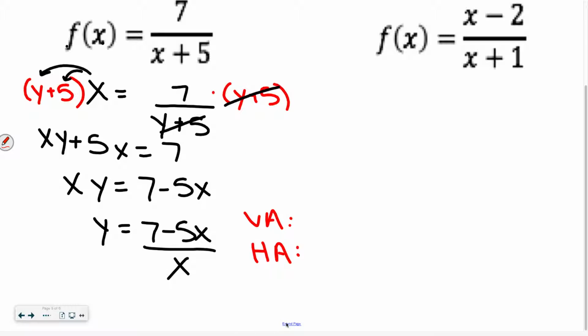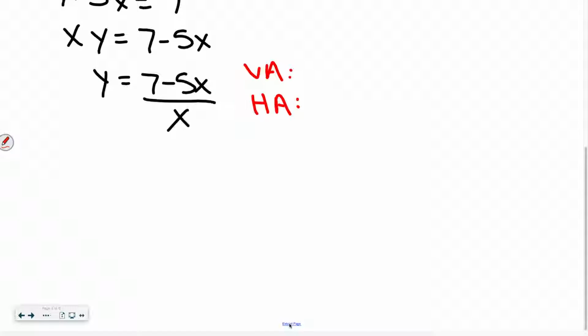So let's talk vertical asymptote. What's the vertical asymptote? x equals 0, because you set your denominator equal to 0. What about your horizontal asymptote? y equals something, right?